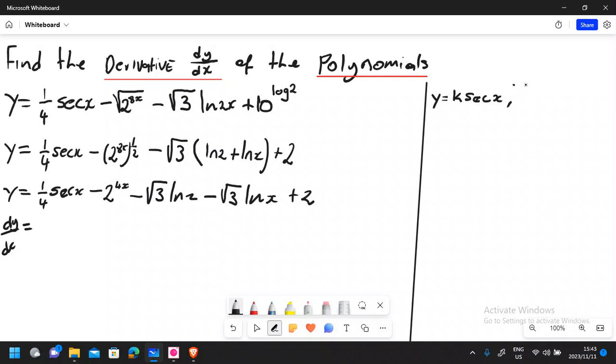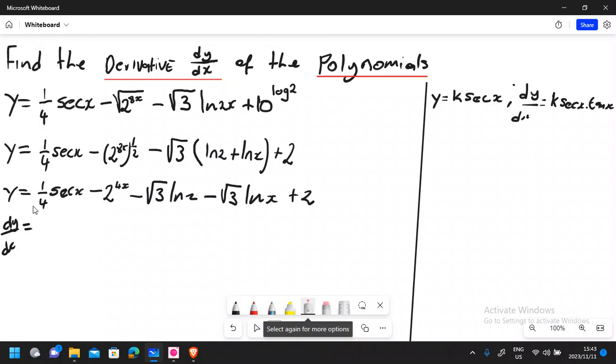The dy dx of this one here is going to be as follows. First of all, we're going to have k, then we're going to have sec x multiplied by tan x. So as you can see, this is our dy dx of that term there, guys.